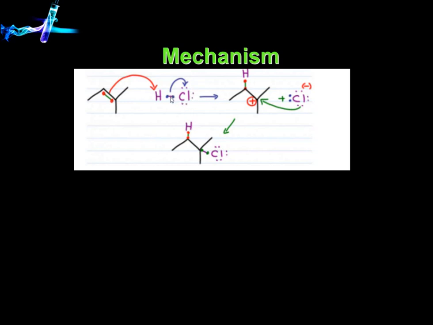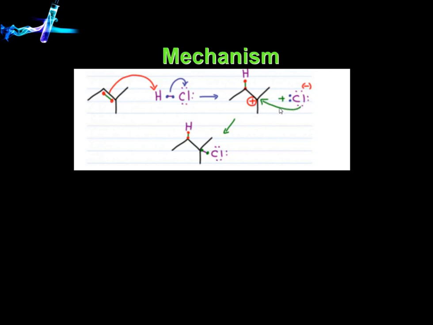Chlorine, being more electronegative, will take this whole electron pair towards itself, and it will be changed into chloride, and hydrogen will be left behind with no electrons. So what will happen? The electrons of the double bond will be donated to hydrogen, and hydrogen will get attached over here with this carbon atom. The other carbon now will be electron deficient, and it will have a positive charge.